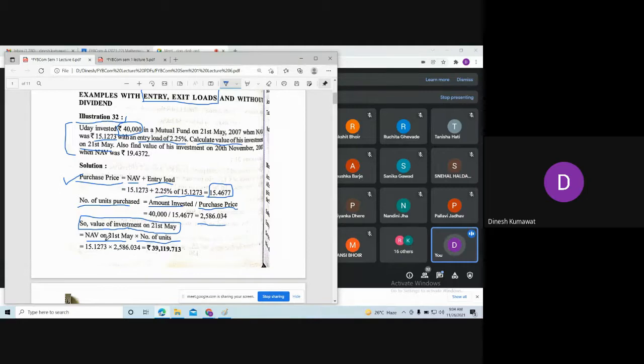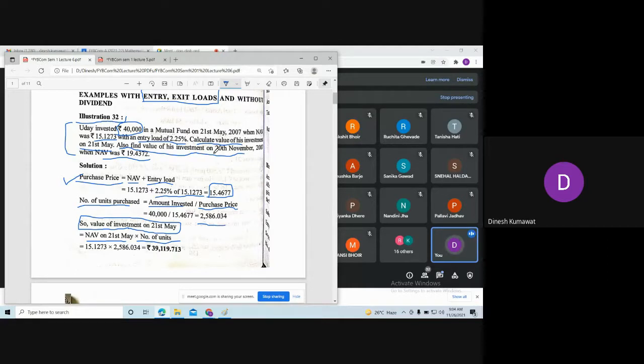Now this is all about value of investment on 21st May. So we have covered till line number 3. Now let us read out from this line onwards. So also find value of his investment on 20th November when net asset value was rupees 19.4372. Now, before going to find out this value of investment after redemption, you just need to check whether there is an exit load involved in our problem or not.